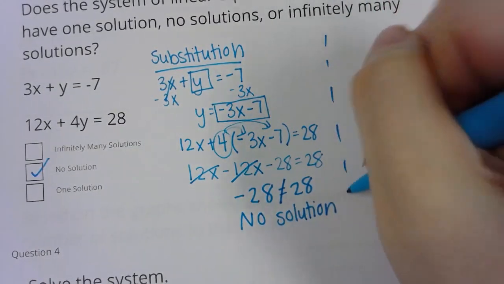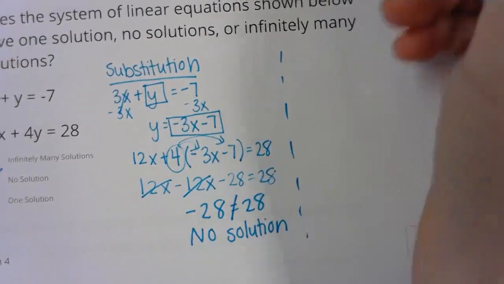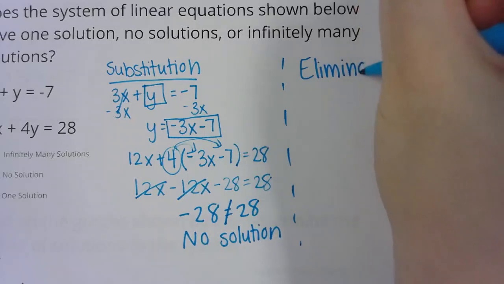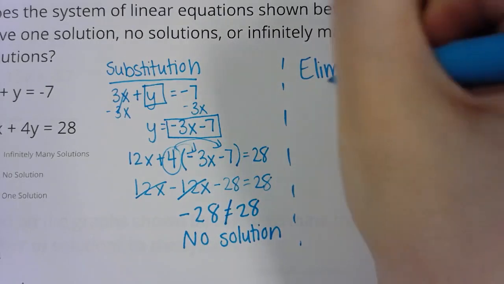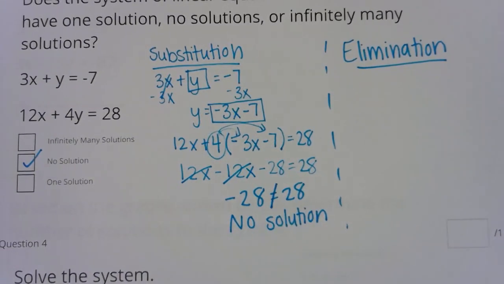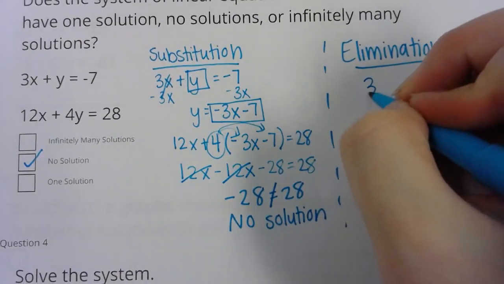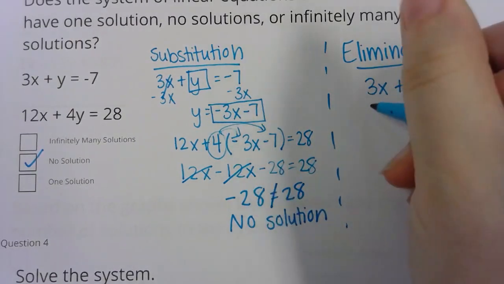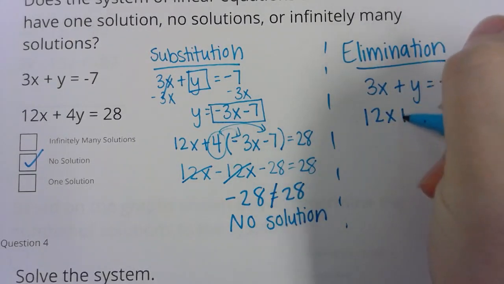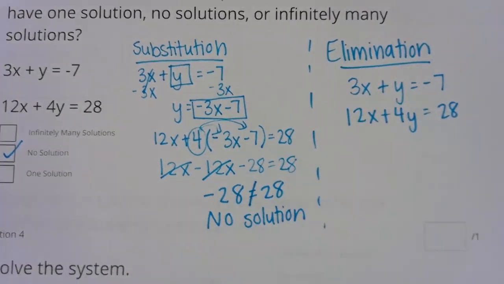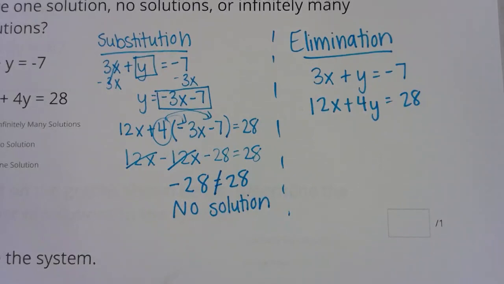Now, let's look at elimination. So if I were to solve this same system using elimination, 3x plus y equals negative 7, and 12x plus 4y equals 28, then I would need to cancel out one of my variables.